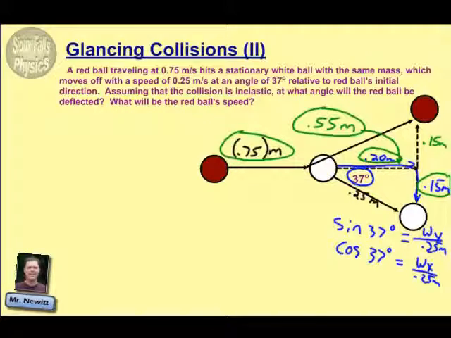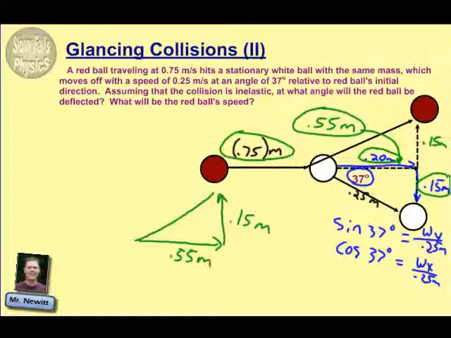So if I redraw the red ball's momentum vectors here, I've got 0.15 times m momentum in the vertical direction and 0.55 times m momentum in the horizontal direction.